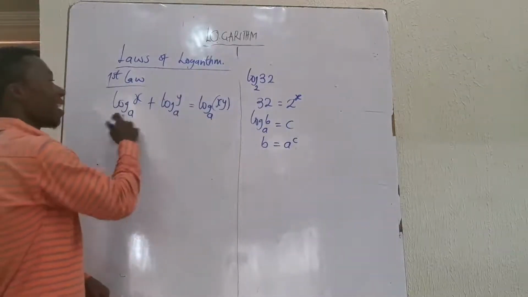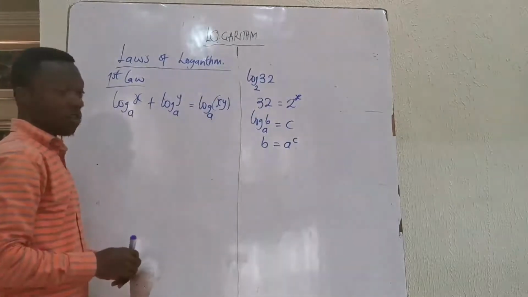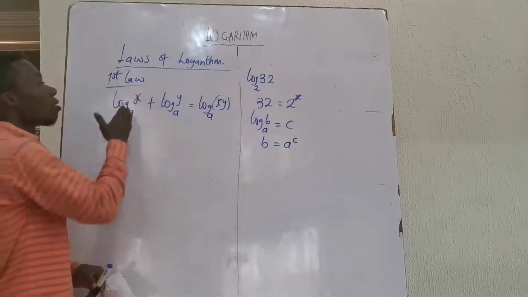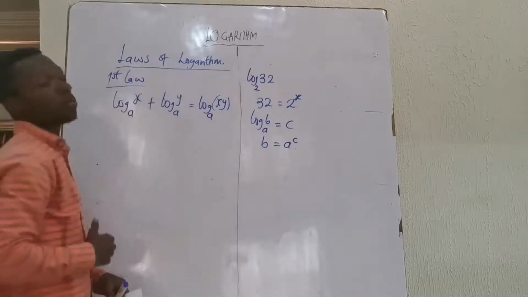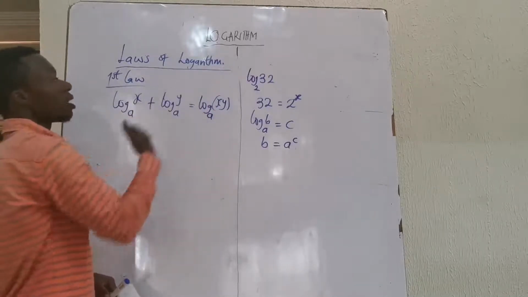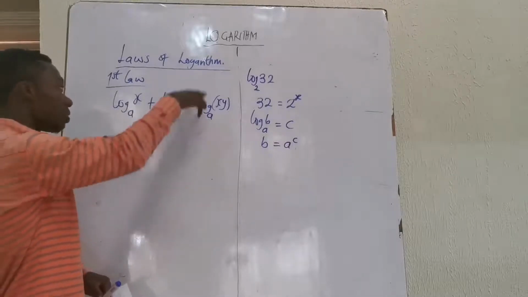Here, addition will result in multiplication. That's the first law of logarithm. If I have logarithm of x to the base of a and logarithm of y to the same base of a, the result is going to be the multiplication of the 2 numbers from the respective logarithms, written with their base.